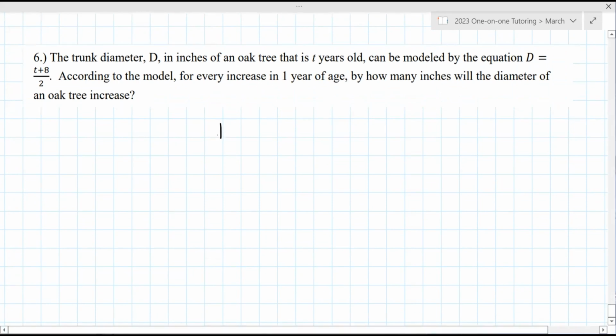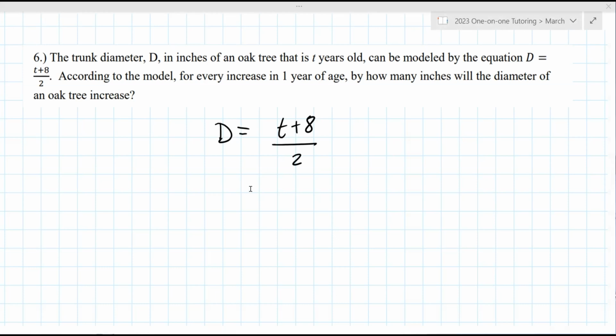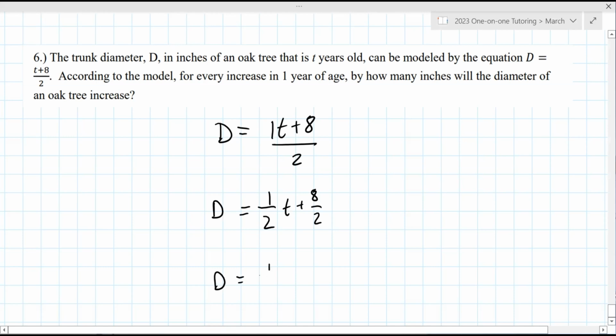Exponential. What makes you say that? What tells you that it's exponential about the way it's written? The slope. So this one has a slope. You're right. What is the slope of this one? Whatever it is, plus 8. Okay, so you're dividing both of these by 2. So your D is 1/2 T plus 4.